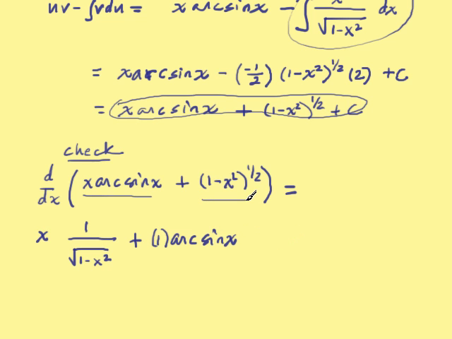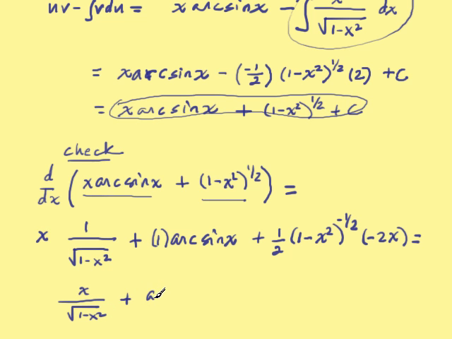And now let's do the derivative of the next term. So we have 1/2, 1 minus x squared to the minus 1/2 times minus 2x. Now notice this and this cancel and we get a negative sign over here. So we end up with this first term here, x over square root of 1 minus x squared, plus arc sine x.